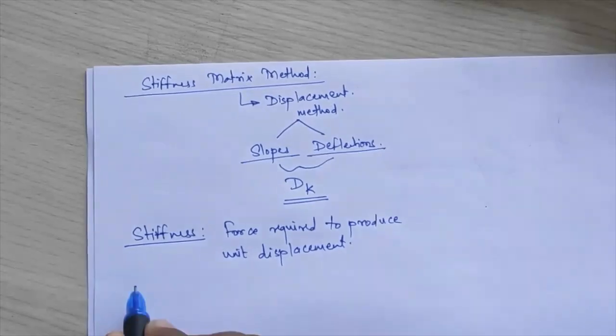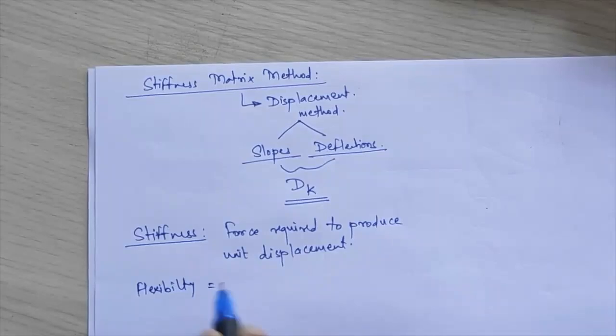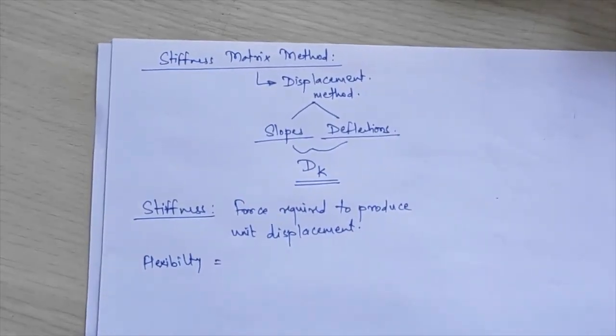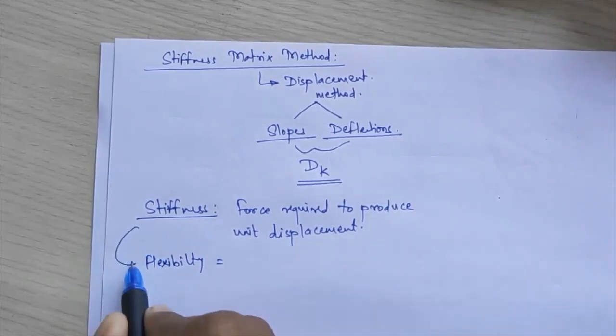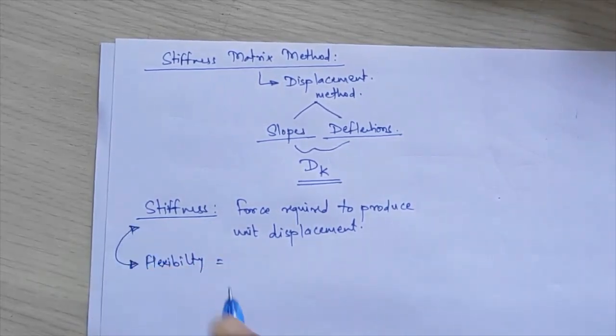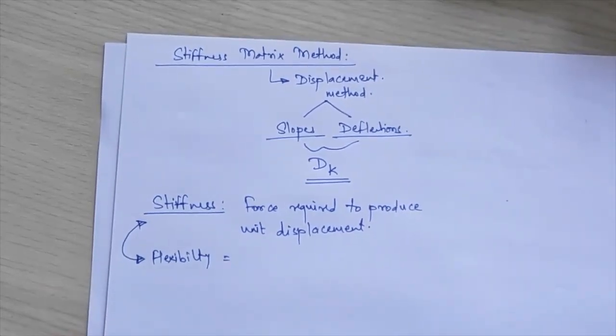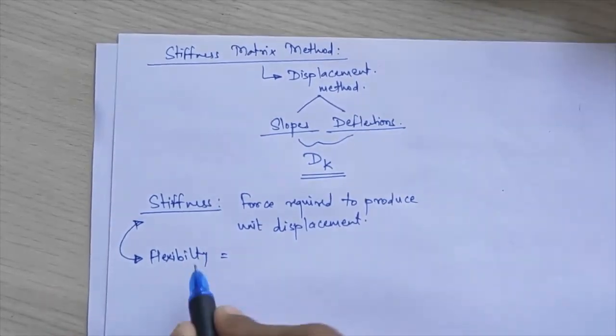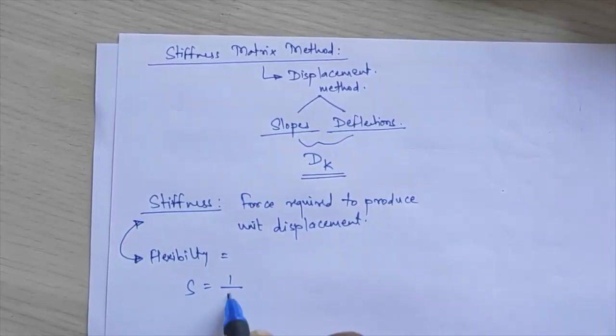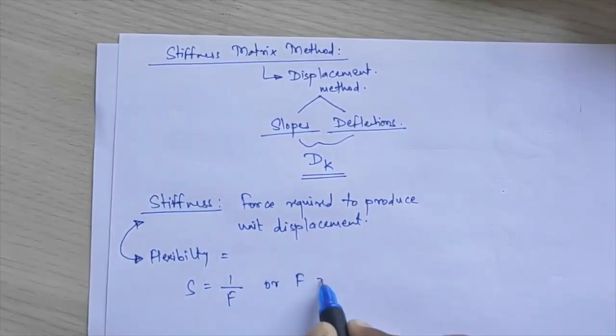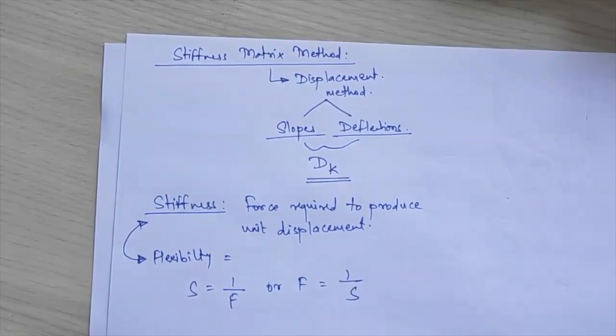The flexibility definition we have seen, that was what? Flexibility was defined as displacement per unit force. Here stiffness is the force per unit displacement. Right, that means flexibility and stiffness, these two properties are inversely proportional to each other. That is, stiffness is equal to 1 upon flexibility, or flexibility is equal to 1 upon stiffness.